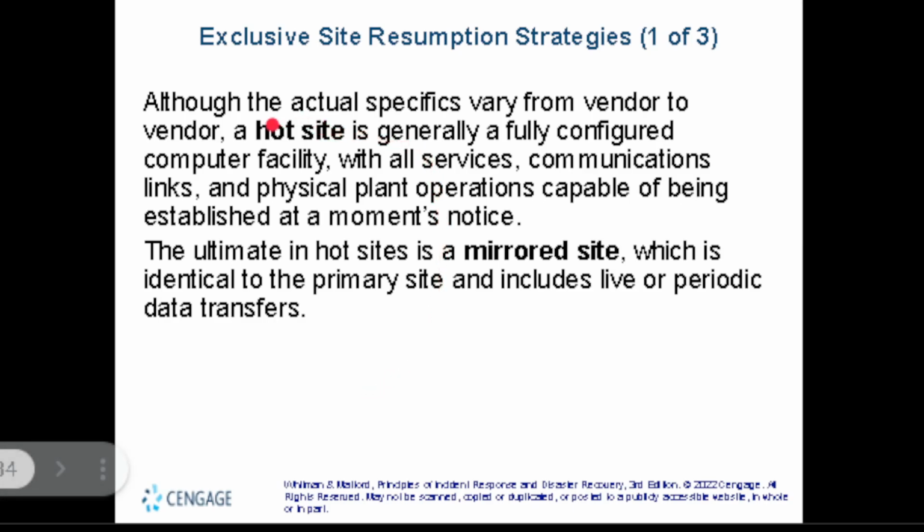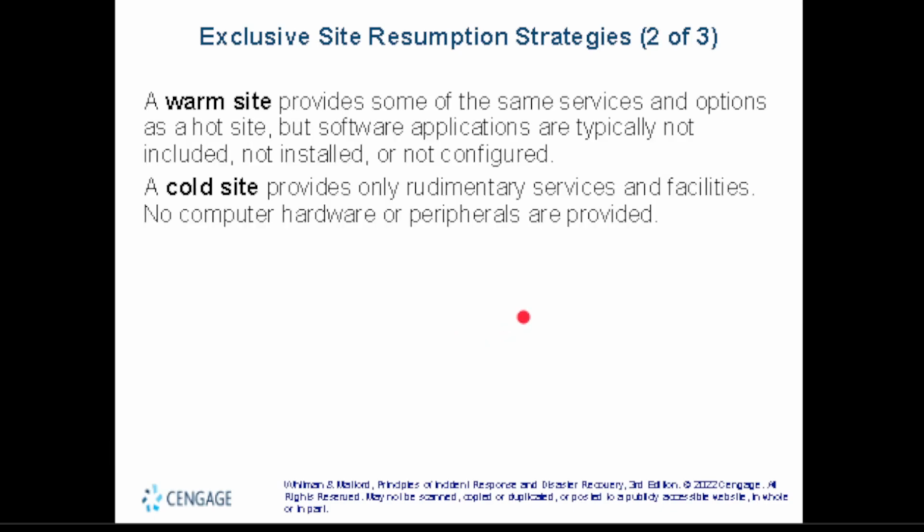Hot site, fully configured. A mirrored hot site means it could be immediately switched over to be your primary site. If you're a big business and you're highly dependent on staying live, this is what you'd have. You'd basically think of it as a cluster where you could pull out part of your cluster of servers and still have your site active.